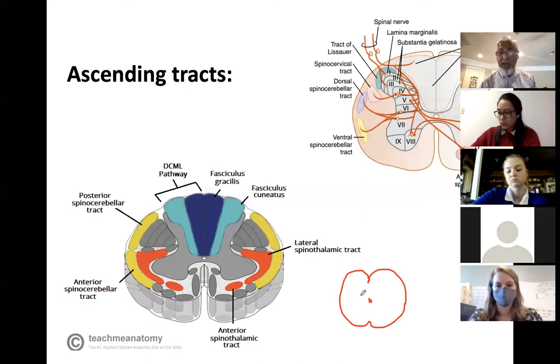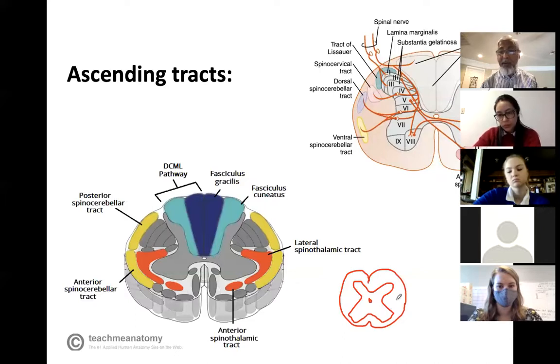Now, where is the gray matter located? So the gray matter will be something like this. These are cell bodies, okay? So it will be something like that. This part is the cell body, and this part is nerve fiber.